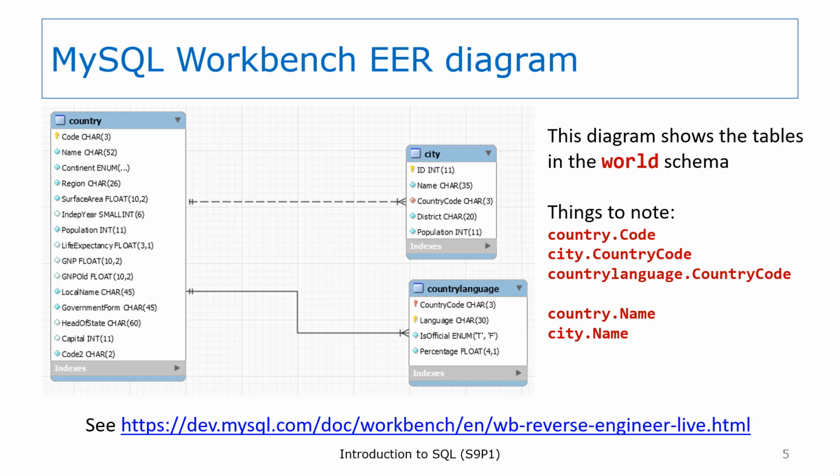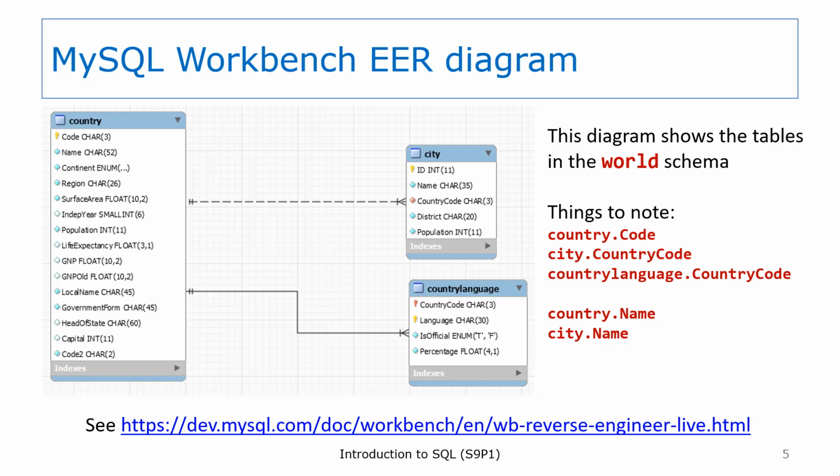It means that for each row in the primary table, there can be one or many related rows in the secondary tables. In fact, there can be 0 related rows in the secondary tables. For example, if there was a country that did not have any cities or any languages.